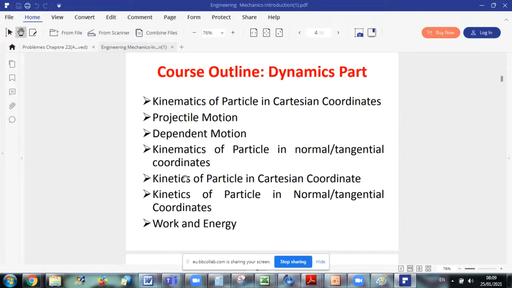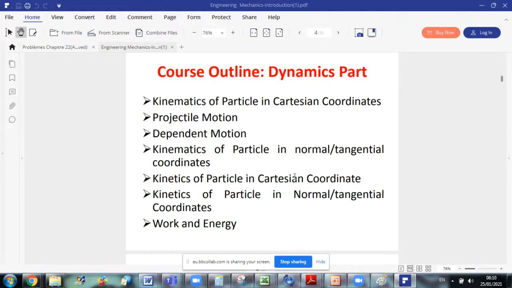And when we say kinetics, this means that we will consider the relation between forces and acceleration. So before in kinematics, we didn't consider the relation with forces. We just related position, velocity, acceleration and time. While in kinetics part, we will see how to relate forces to acceleration.